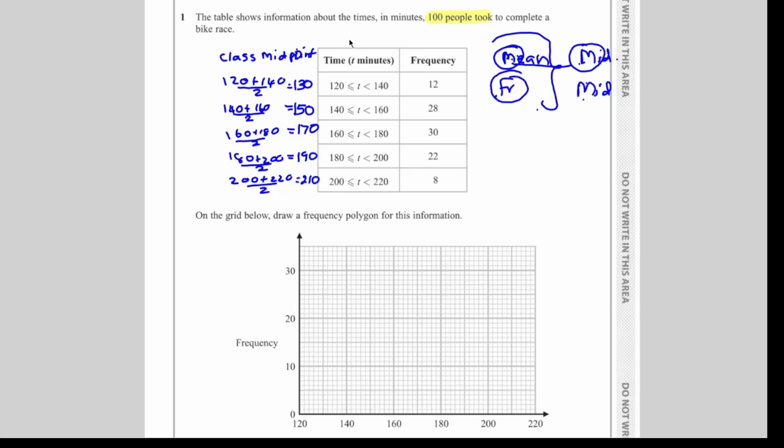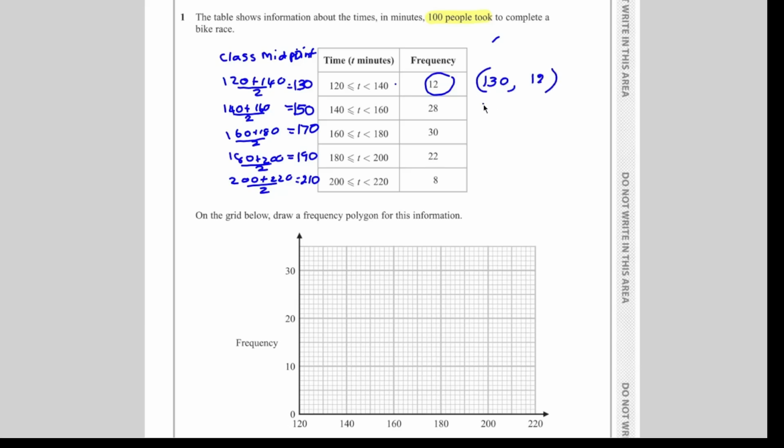So now we have 130 and its frequency. You can write it in this way, then it is easy. The first one, 130 comma 12, the first coordinate.